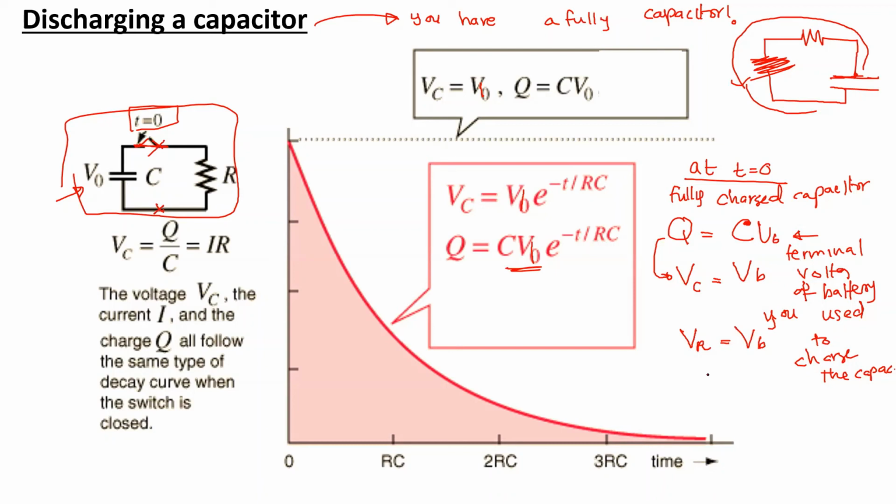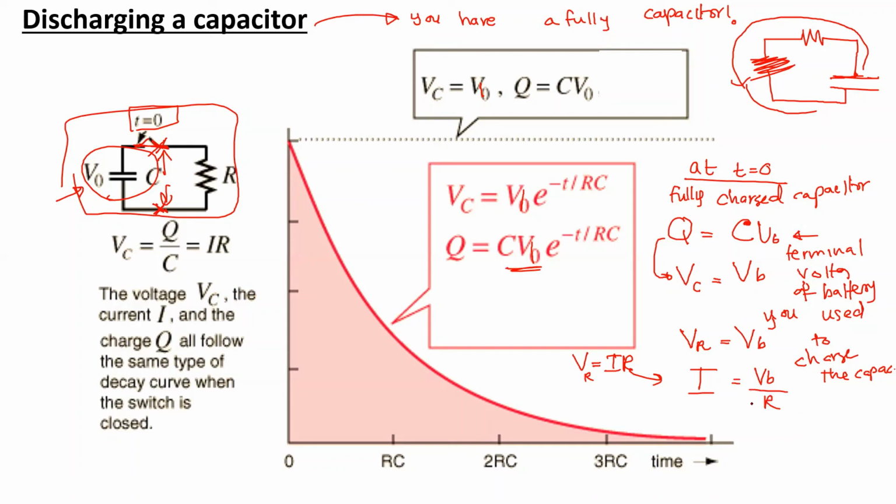What about the current? Current is given by V equals IR for the resistor. Since the voltage across the resistor is also VB, there will be current, and your current will be VB over the resistance.